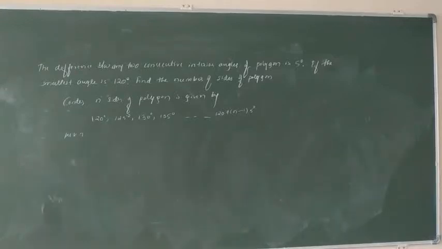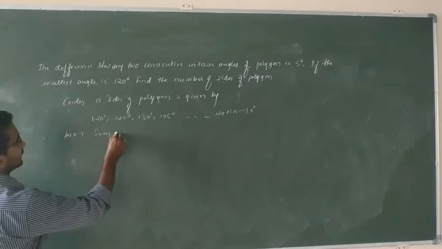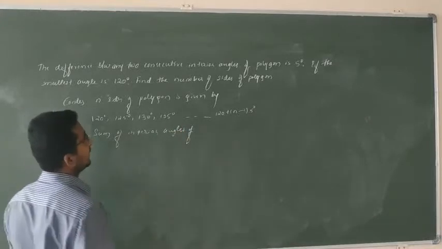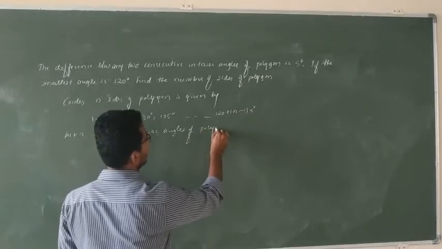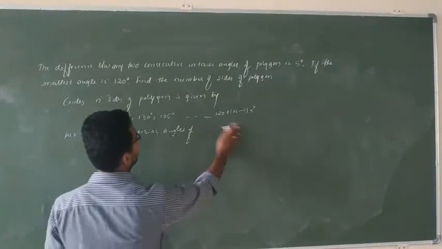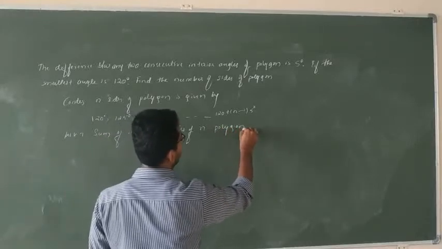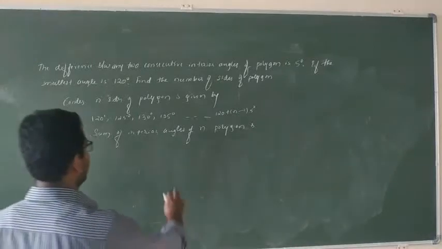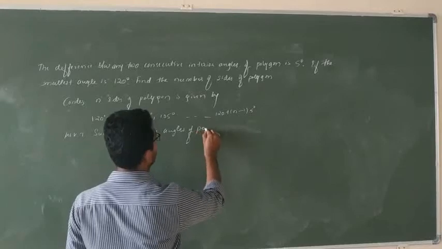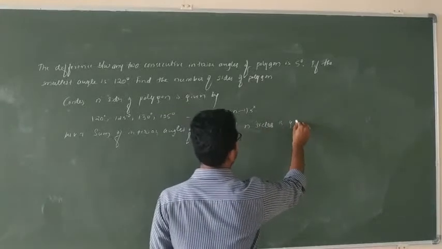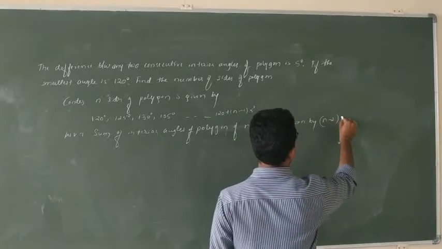Here, we know that the sum of the interior angles of a polygon of n sides is given by (n minus 2) into 180.